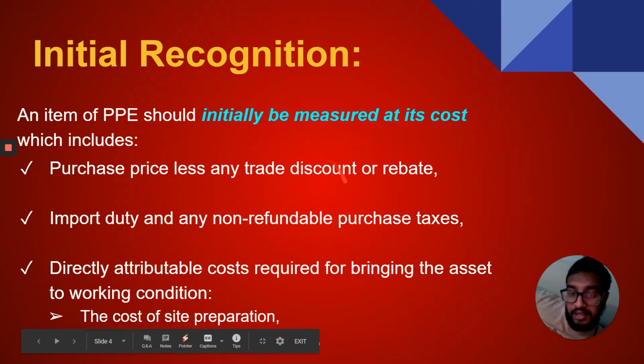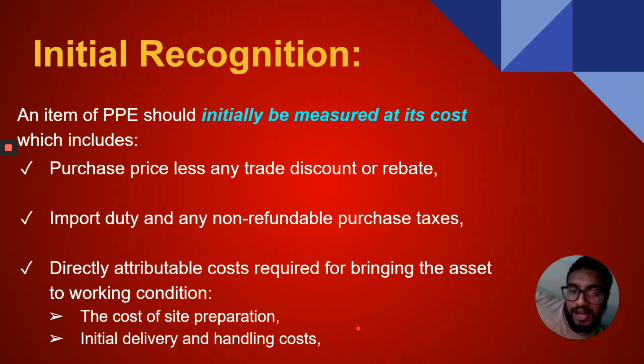And then what else we can add is the cost associated with bringing that particular asset, whether it's a plant or building, to working condition. If it's a plant, you might want to bring the machineries to the site in working condition. During that period you will incur costs such as site preparation. You'll need the excavator to dig the ground, then level it up.